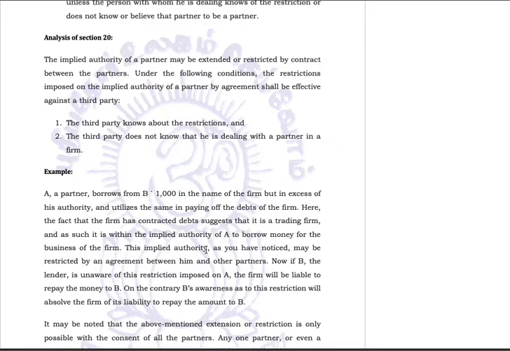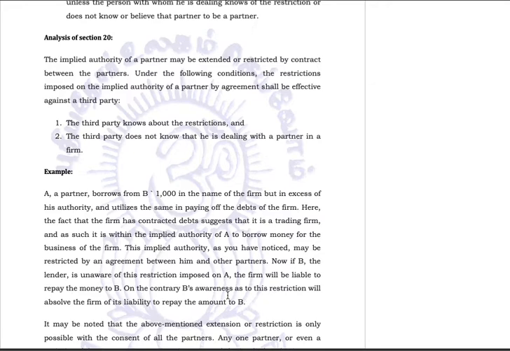This implied authority, as you have noticed, may be restricted by an agreement between him and the other partners. Now, if B, the lender, is unaware of this restriction imposed on A, the firm will be liable to repay the money to B. On the contrary, B's awareness of this restriction will absolve the firm of its liability to repay the amount to B.